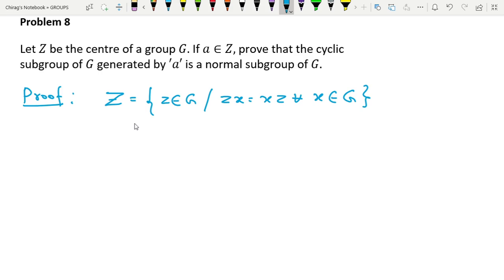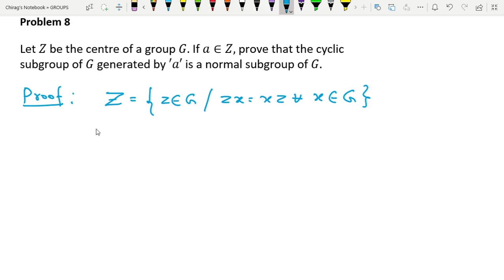So how do we form the center of G? Take an element of G and check whether that element commutes with all other elements of G. If it commutes with all elements of G, then put it in capital Z. So this is how we form Z. Now Z has at least one element, which is the identity element, because the identity element definitely commutes with every element of G. Okay.